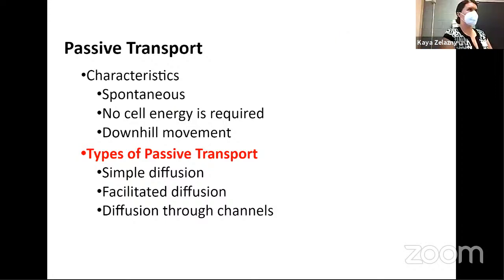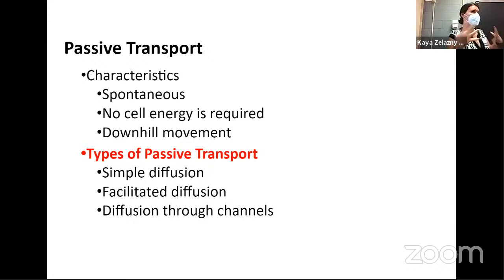So we're starting out by thinking about passive transport. Passive transport is just movement that's going to bring us towards that diffusional equilibrium. And the way we can get towards that diffusional equilibrium is by downhill movement down our gradient.